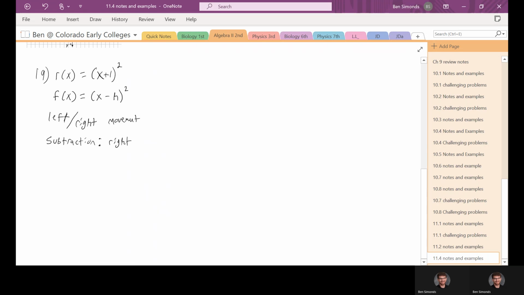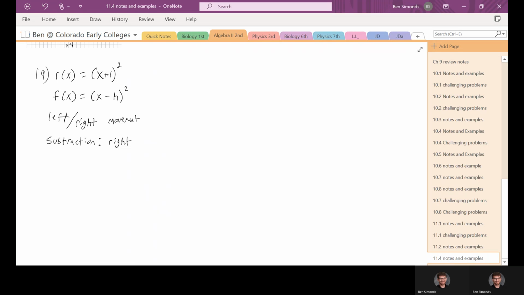And yes, I know that seems a little counterintuitive. Usually we think, okay, negative going to the left, but in this case, it's hard to explain. I was dreading getting to this point, and I was like, hopefully I come up with a good way to explain it here. It's one of those things that makes more sense as you do it.